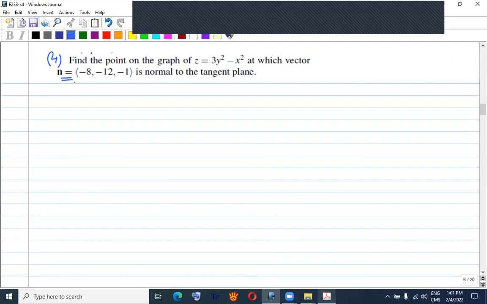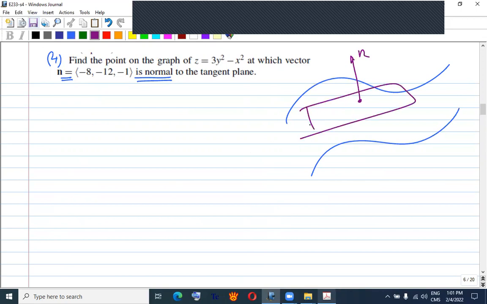So this is the given normal. What they are talking about is you have a graph. I don't care about that graph. Let's say this is a surface of something, and that normal n is a vector normal to the tangent plane, and this is the given surface. You can call it, let's say, f.